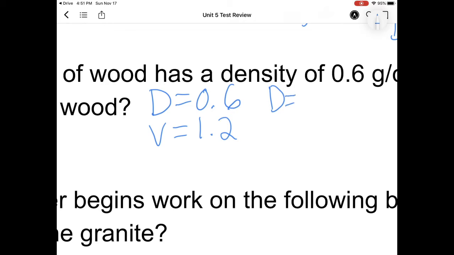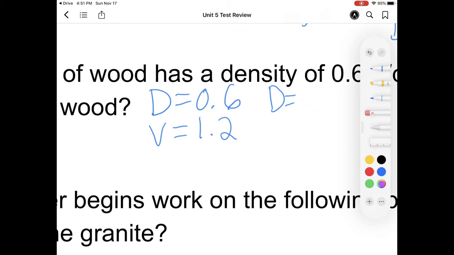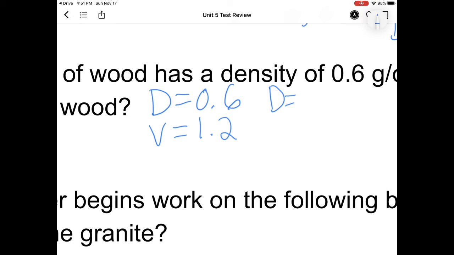So you're going to substitute it into your density formula. So you're going to have 0.6 equals M over V, which is 1.2.